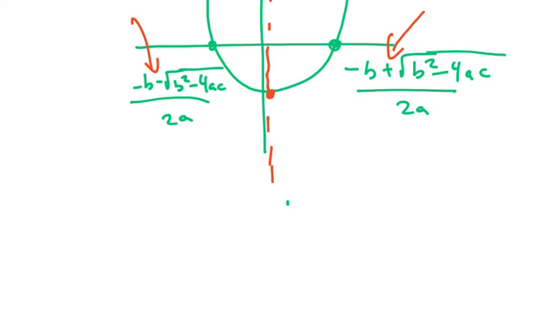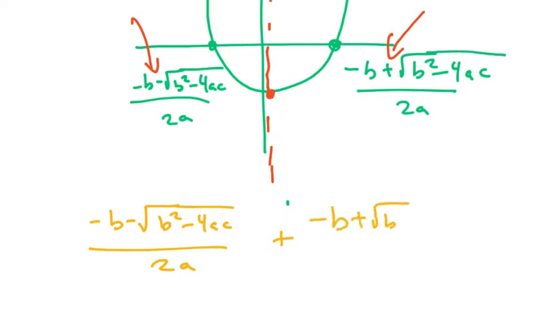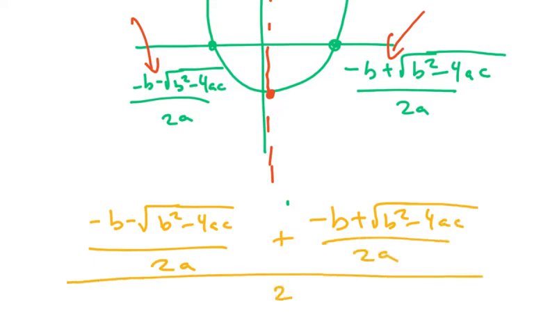So if we took negative b minus square root b squared minus 4ac over 2a, and added negative b plus square root b squared minus 4ac all over 2a, and then divided by 2, you'd actually be finding the average.